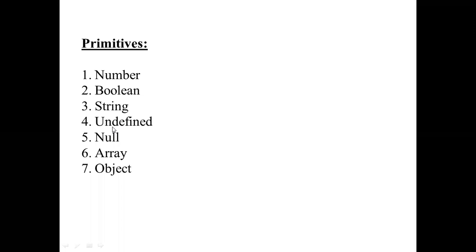Not declared, not assigned, that is a null value. If it is declared and not assigned, that is said to be undefined. Is the difference between null and undefined clear?